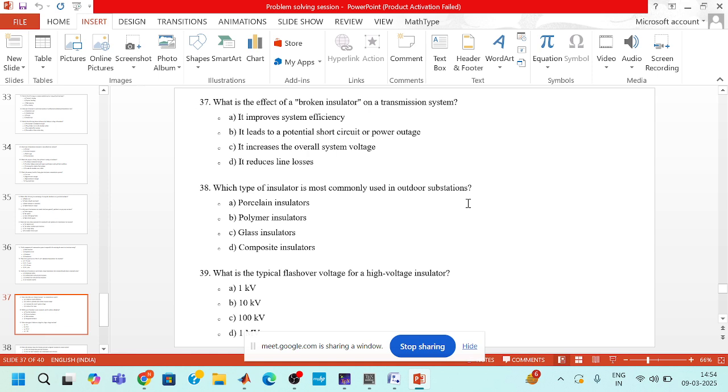D, ma'am. D, composite insulators? D or B? So option A is correct. Porcelain insulators are most commonly used in outdoor substations. Okay. Option A is correct.